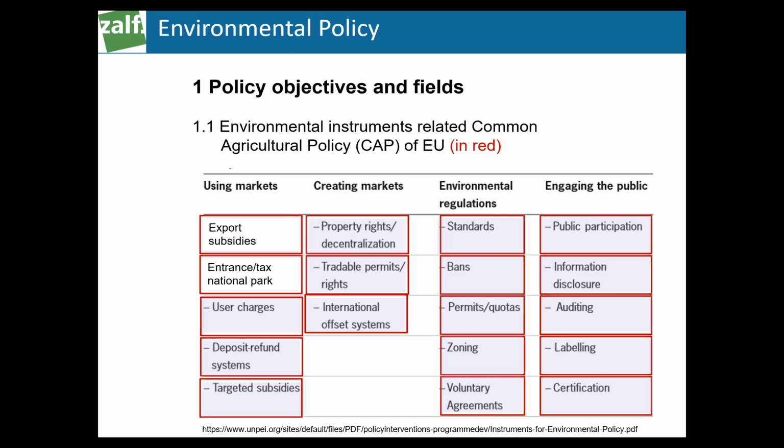Everybody can breathe air, and there's a free rider principle. In the park, we can say this entrance fee is used for maintenance and mitigation of environmental negative effects, for example. We have user charges, deposit and toxic pesticide box.